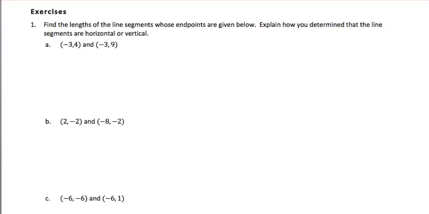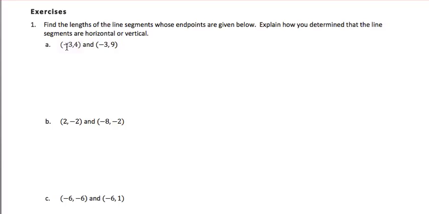In exercise 1, A through E, we'll look for the coordinates that have the same value, and then the other coordinates will be the ones we'll use to find the length of the line segments.